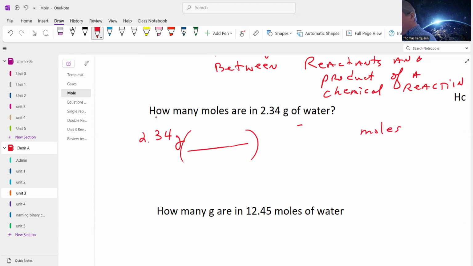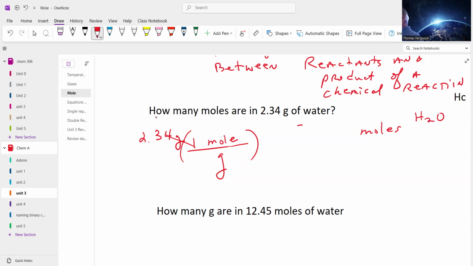The conversion factor that has both grams and moles in it is the molar mass. So we want to cancel the given. And what's the chemical? H2O.